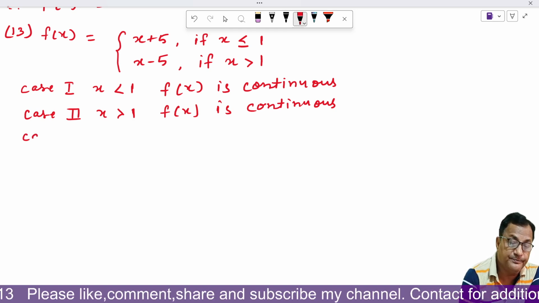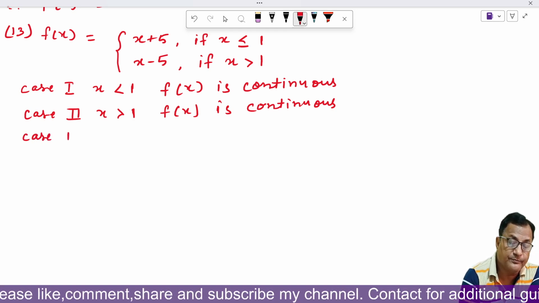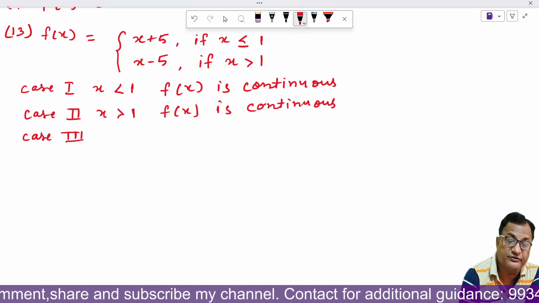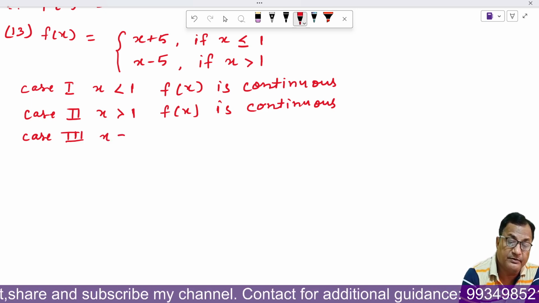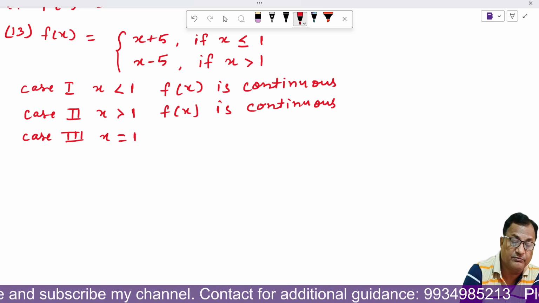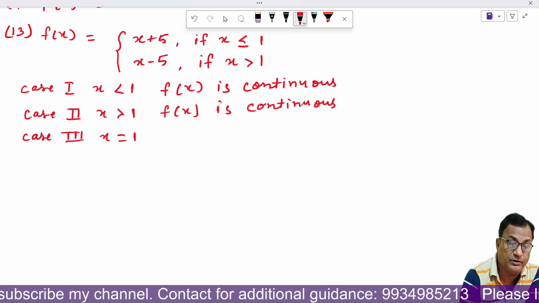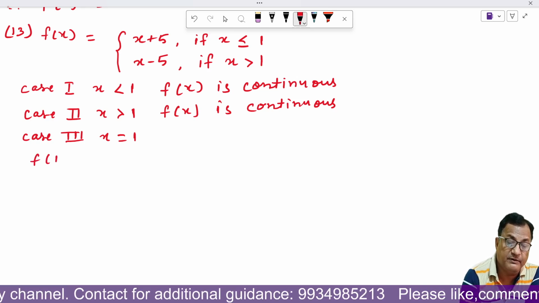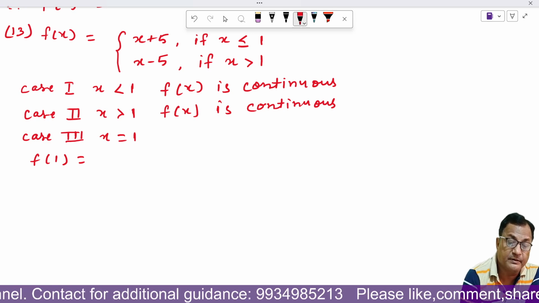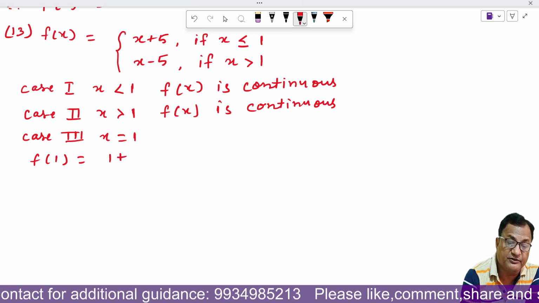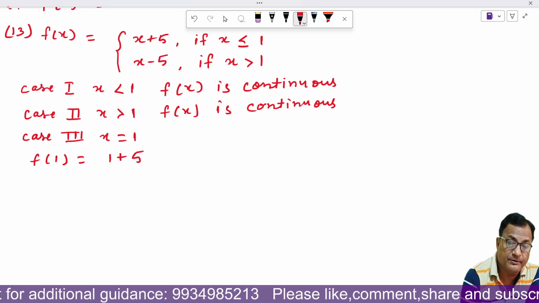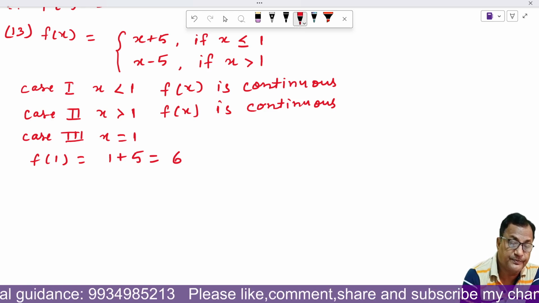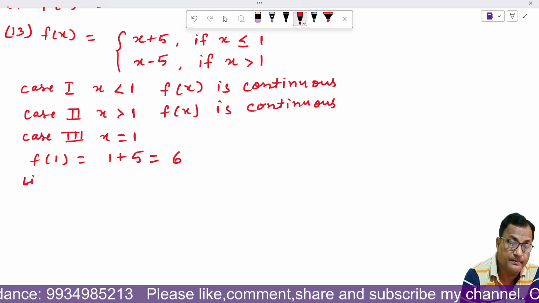Case 3: x is equal to 1. At this we have to check the continuity. So first we will find f(1). f(1) will be 1 plus 5, is equal to 6.